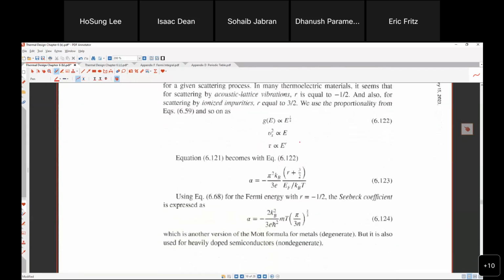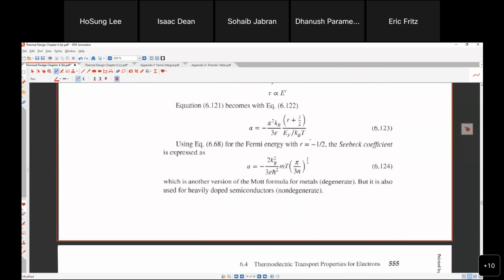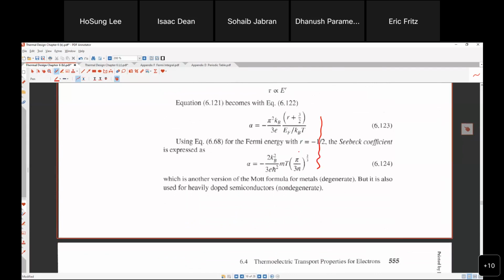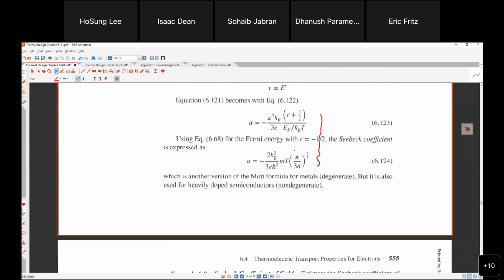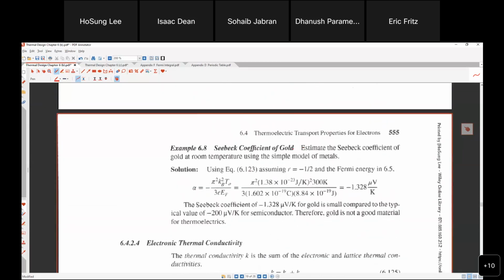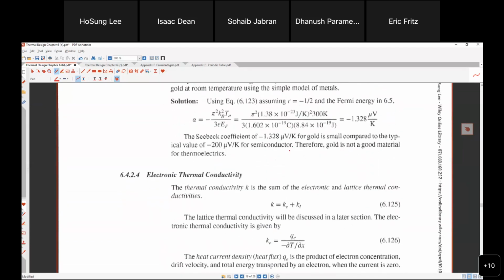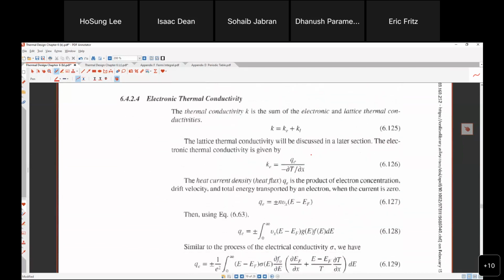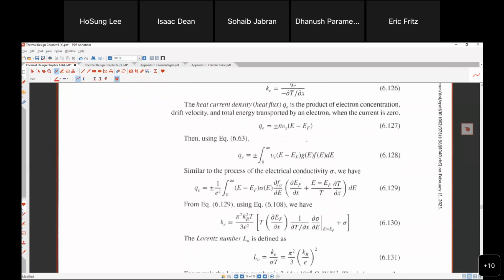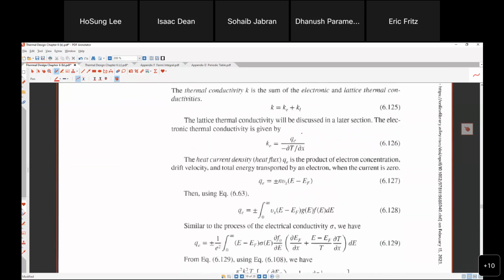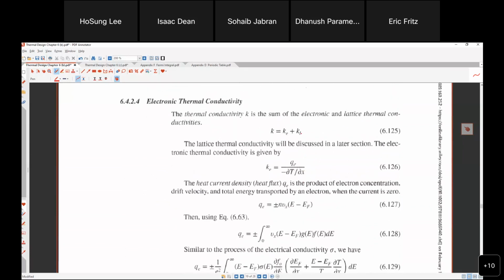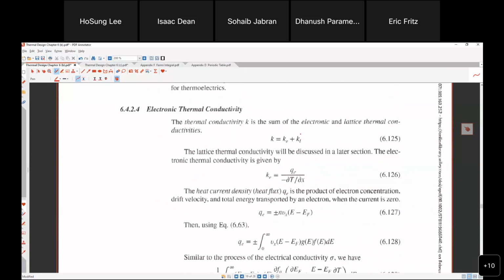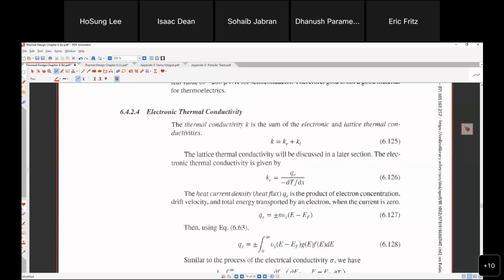Okay, so we move on. This is only for a metal, kind of other forms. You cannot use it for a semiconductor. So again, simply assuming metal, we still develop the electronic thermal conductivity.